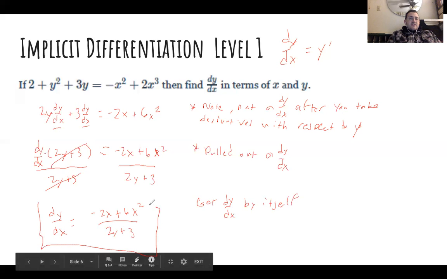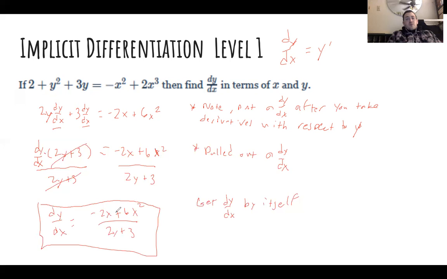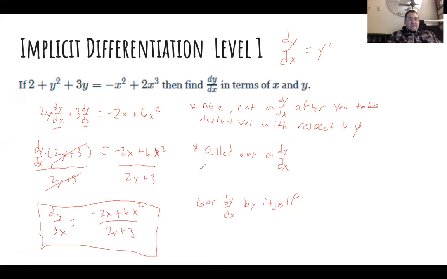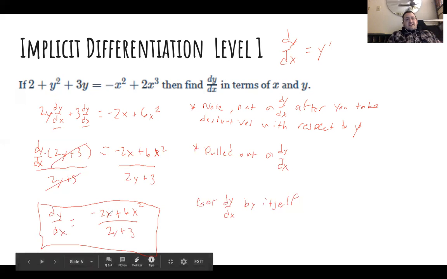And notice here that this is the expression for the derivative of y with respect to x. And notice that it is in terms of both y and x, but it is an equation nonetheless, and we were able to do that.